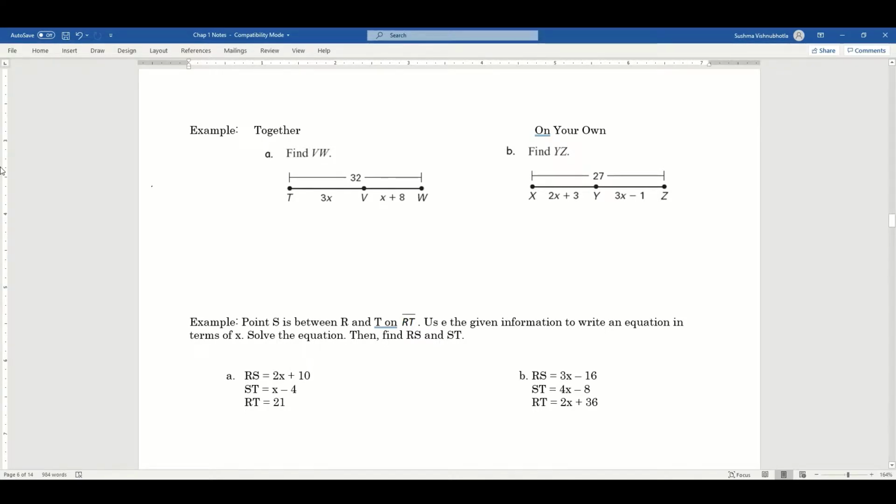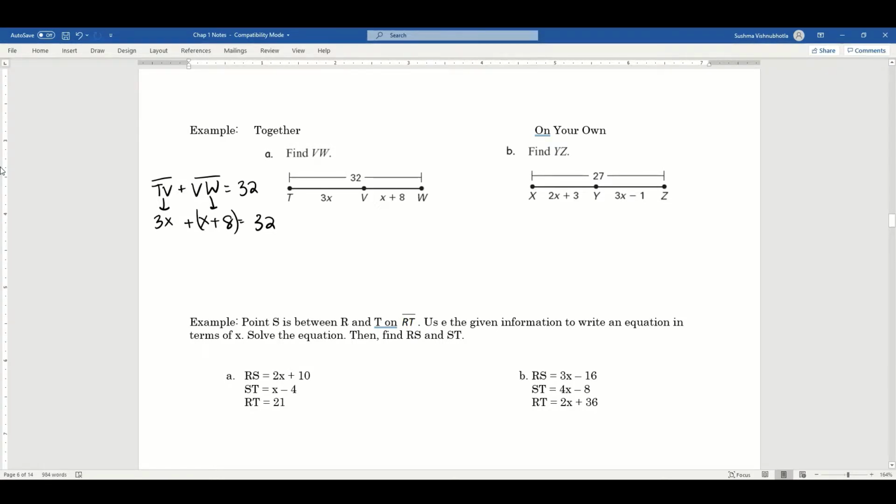So according to the segment addition postulate, I know TV plus VW is equal to 32. And TV is 3x plus VW, x plus 8, is equal to 32. VW is an expression, x plus 8, right? So it's not just x or 8, it's together.